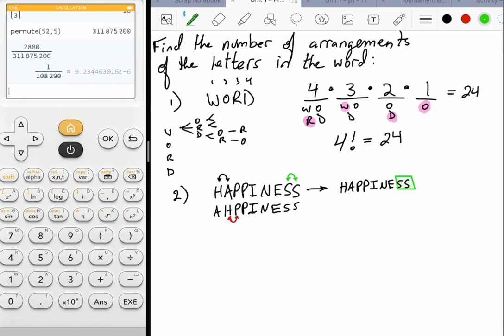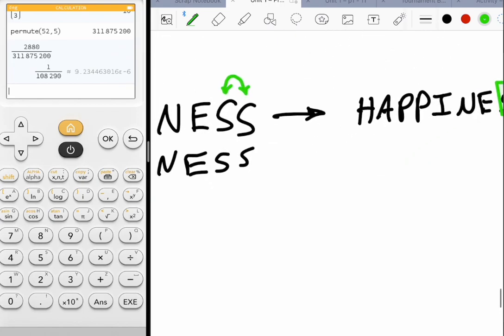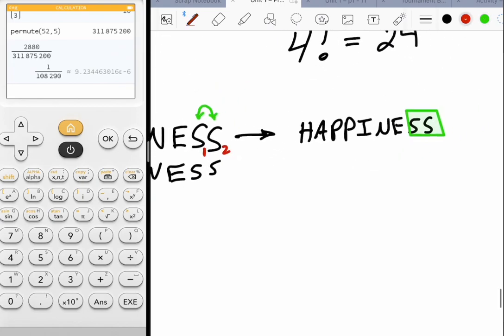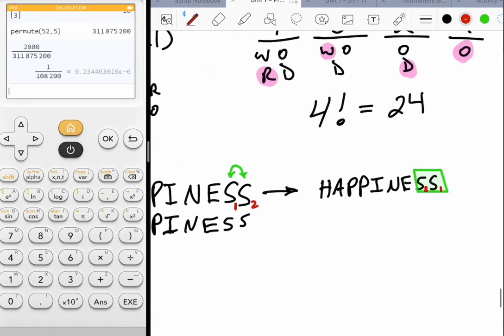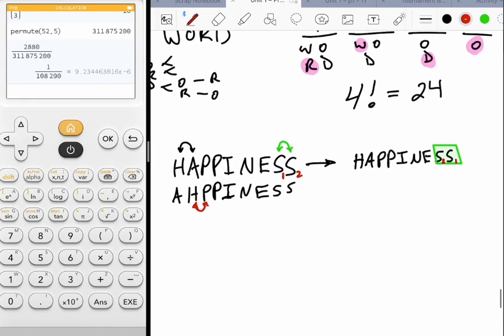Right? Swapping the A with the H, swapping an I with an N or an E with an S, that's all fine. But it will happen, you get to a point where you swap two identical letters, nothing really changed. Right? Because it's kind of like, this is my first S and this is my second S. All I did was I made my second S into my first S and my first S into my second S. But the word itself didn't change.